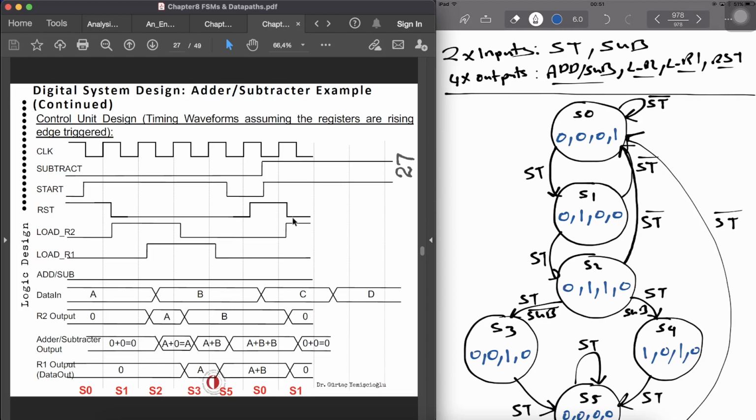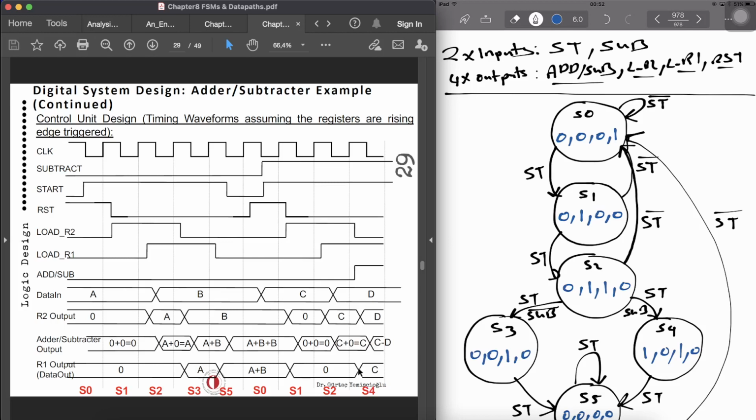So reset goes down, load R2 will be asserted, start is 1, and subtract is also 1. New value will be loaded into R2, and C plus 0. Now load R1 is asserted, so C will be stored in R1.